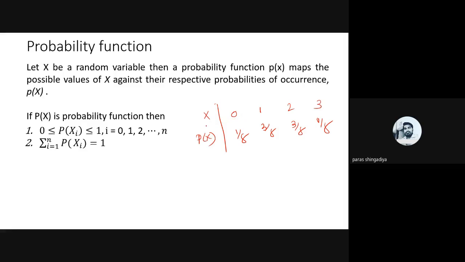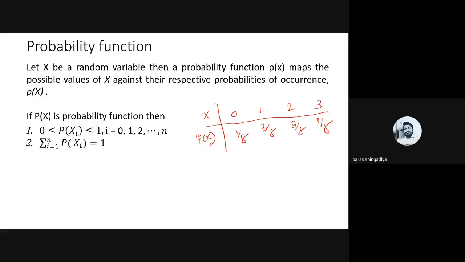All the probability answers at x equal to 0, 1, 2, 3 and so on should be between 0 and 1, meaning it should not be a negative answer. We cannot consider probability as a negative value. That is not possible. So all the answers should be positive values and between 0 and 1. That is the first condition.